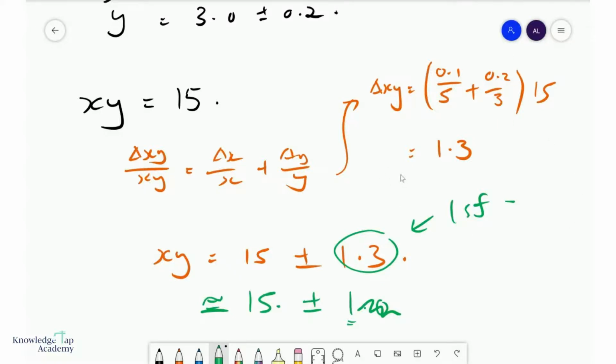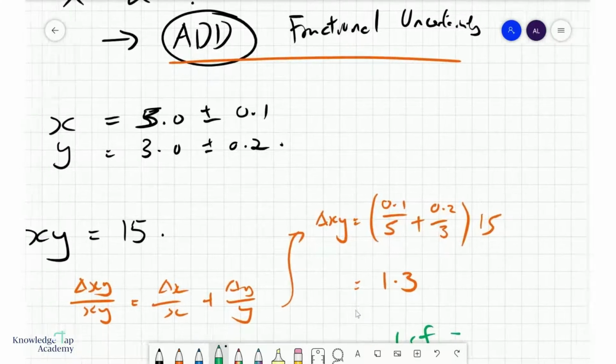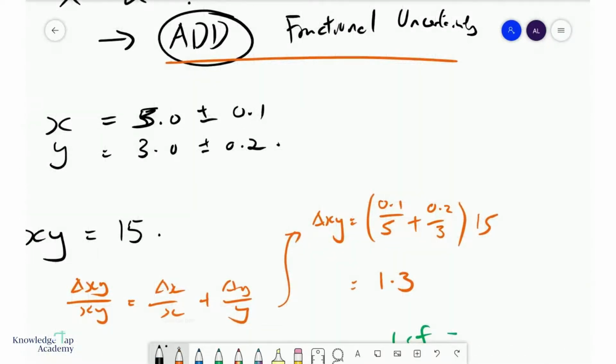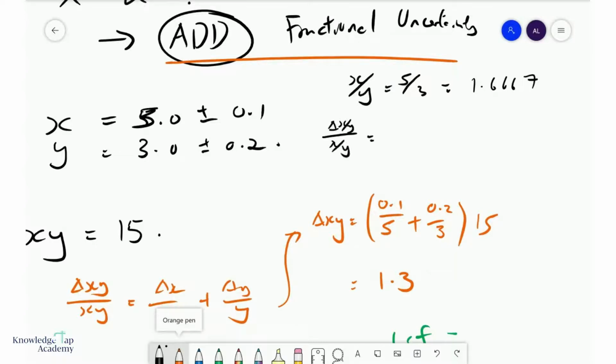Let's look at another example, but this time we're going to divide the quantities. So if we do x over y, remember that x over y is simply 5 over 3, which gives us about 1.6667. But we know that delta of x over y also equals delta x over x plus delta y over y.